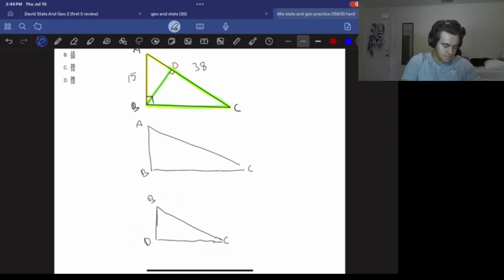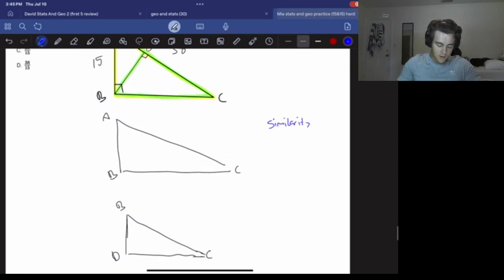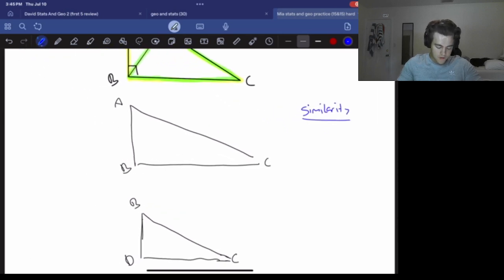Okay, so what do we know? For triangles to be similar, two things are true. One is that the angles are identical between the two triangles, and the sides are proportional. And this is what we're going to use to solve our answer. So we first need to establish, are these angles identical?